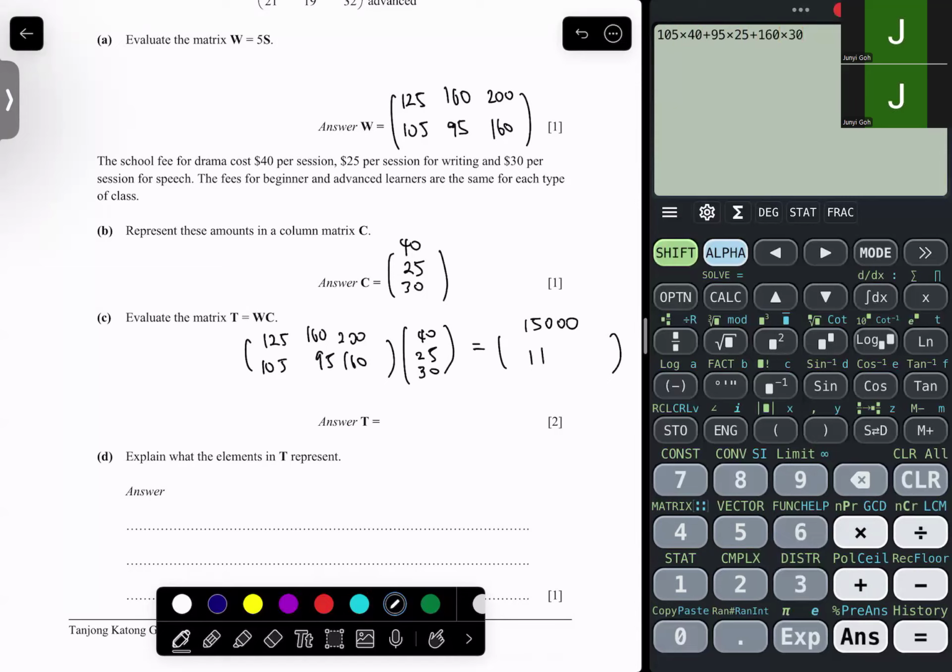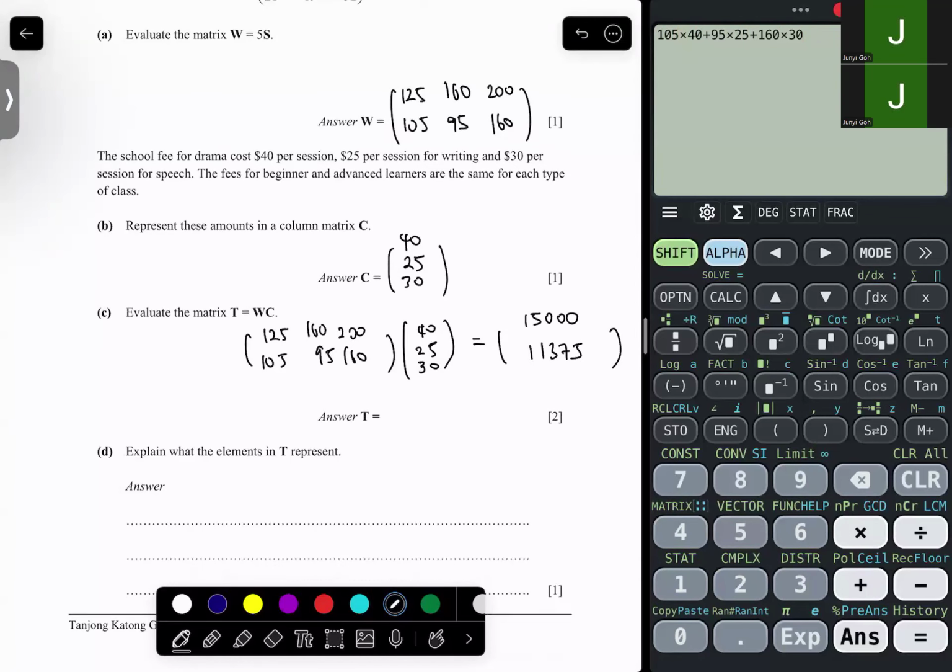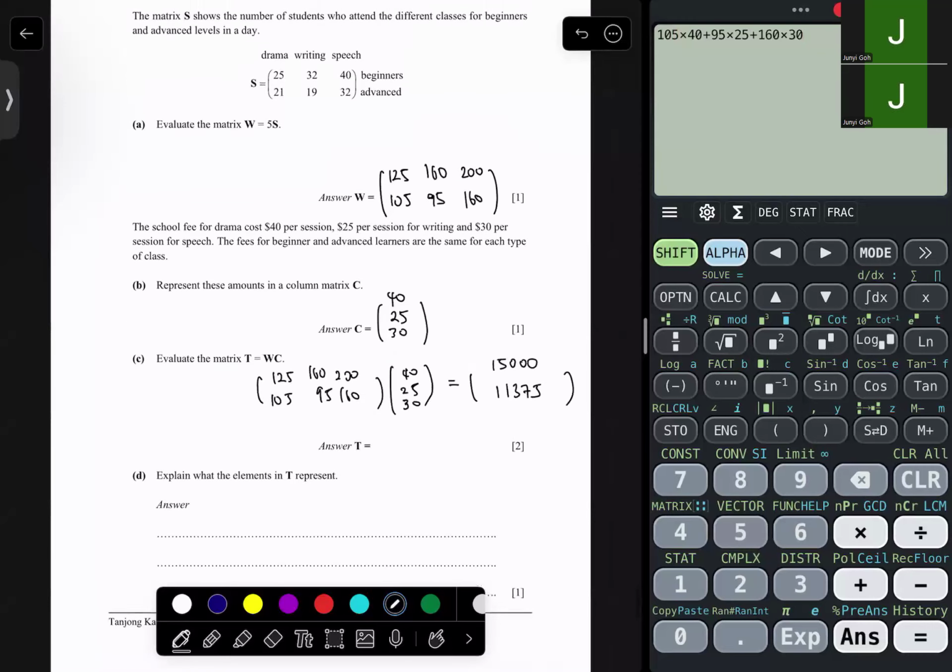Okay, 11375. Explain what the elements in T represent. Okay, this will be the fee collected for weekdays in a week for beginner and advanced students.